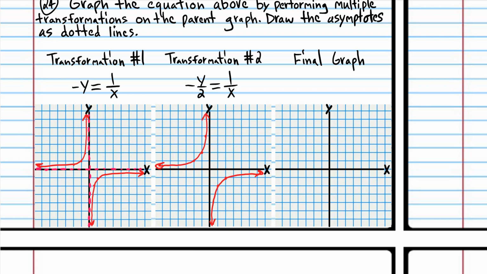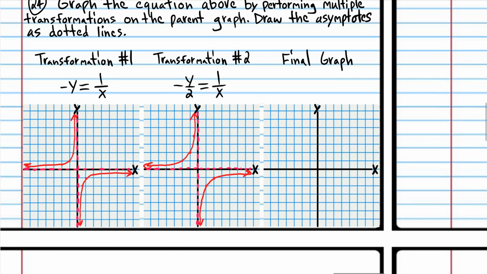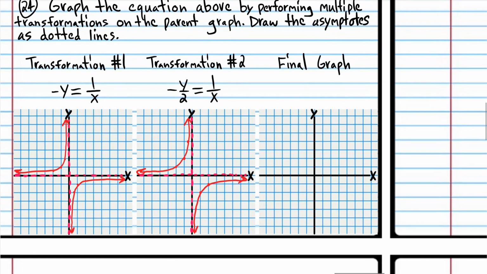And that does not change the position of the asymptotes because the asymptotes are on the axes. But again, just be aware that you may get a problem where your asymptotes are not on the axes, and if you dilate, you have to change the position of the asymptotes. You have to divide by 2 or multiply by 2 or whatever it may be.